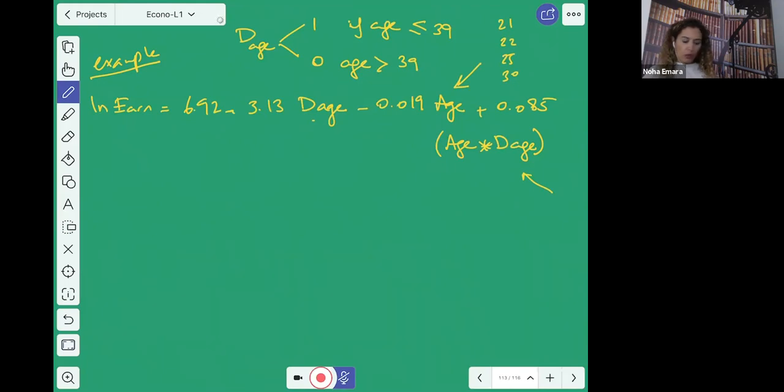Okay, so if I ask you, what is the earning equation, or what is the regression for age less or equal to 39?